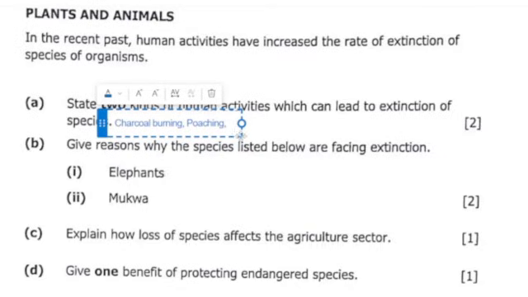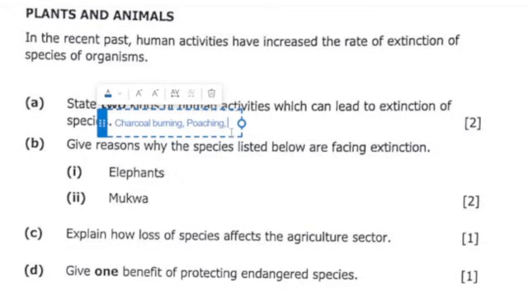But with poaching, when people go and kill animals unlawfully, there is no way the poacher will know that maybe there are not enough numbers of this kind of animal. They will just aim to kill and carry whatever they want to carry and go and sell it. So those activities are very bad.